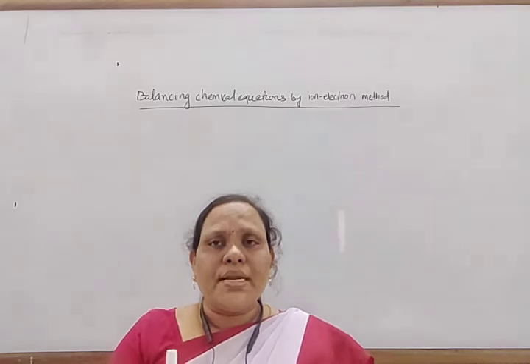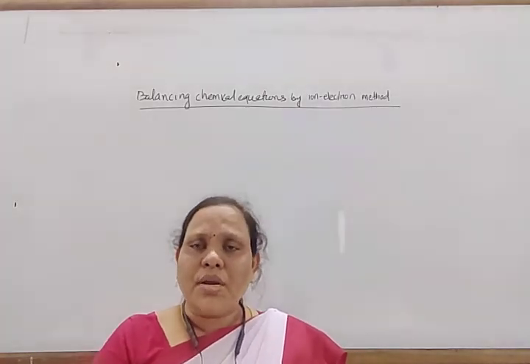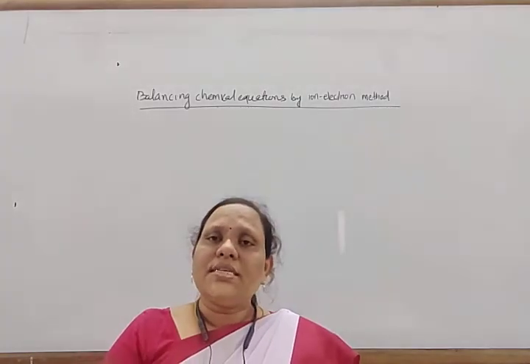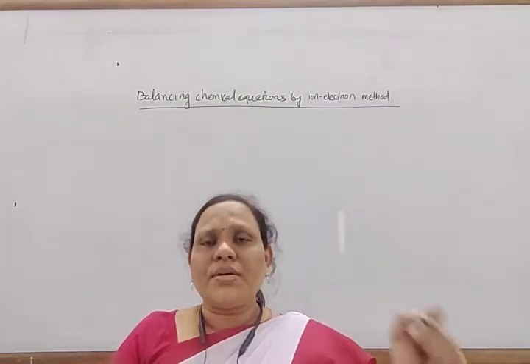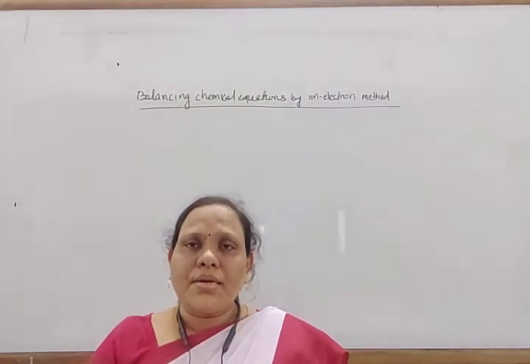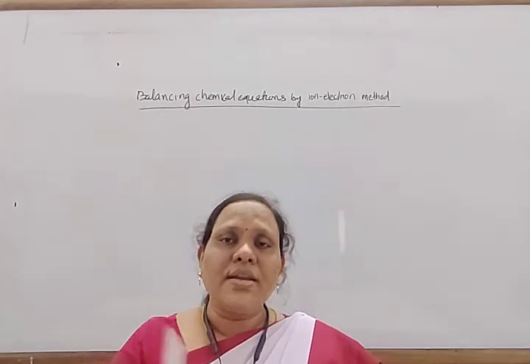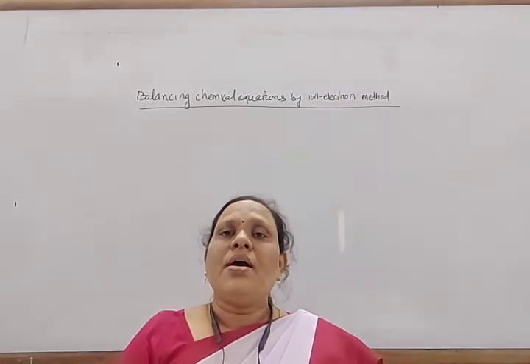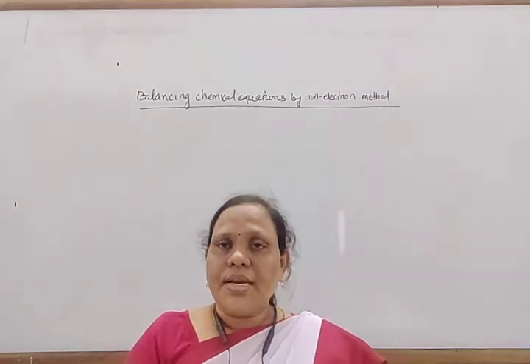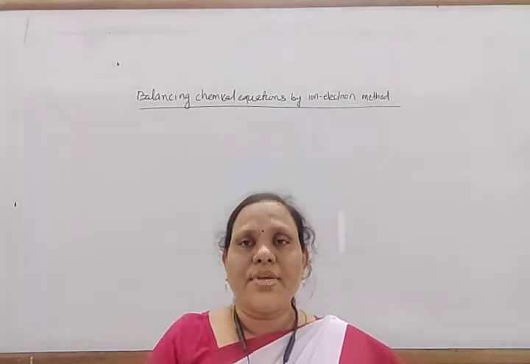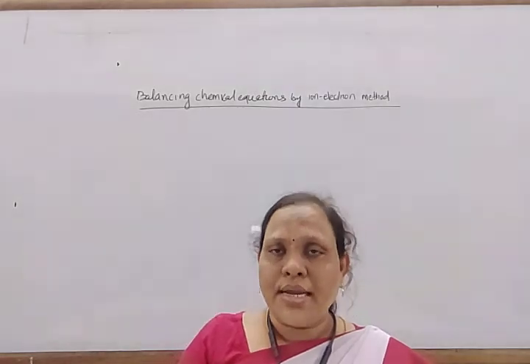The total number of electrons lost should be equal to the total number of electrons gained. In this way, multiply by a suitable number so that the electrons cancel in the half reactions, and then add these two equations. Okay, so in this way you can balance the equation by ion electron method.